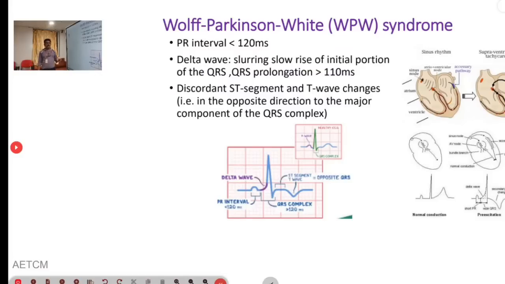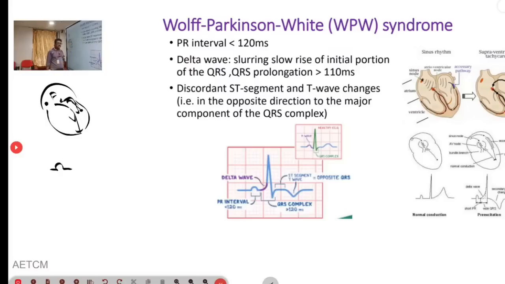Wolff-Parkinson-White syndrome, I have already told, it's a wide complex rhythm. We already told in the previous slide, PR interval is short. That is because you have your atrium and ventricle. Normally electricity goes like this, but in some conditions there will be an accessory pathway. Either it will go through this accessory pathway upwards or downwards.